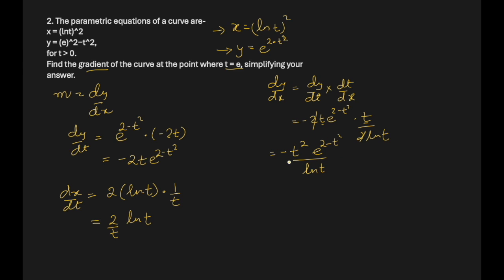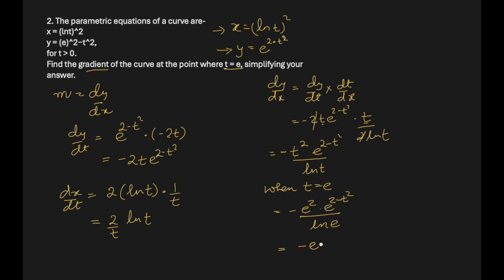Okay, this is it. But this is not final. They're saying where t is equal to e, so in place of t we will write e, and let's see what we get. So t will be replaced by e, minus e square e to the power 2 minus t square over ln e. ln e is 1, so the denominator can be ignored because anything divided by 1 is the thing itself. Since they have the same base e, the powers will add up.